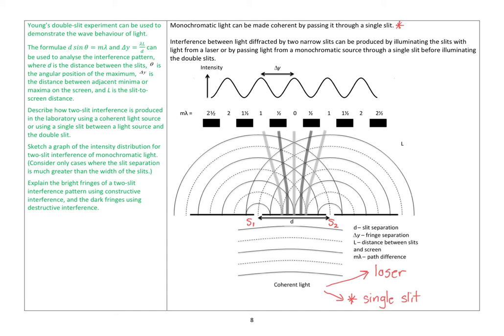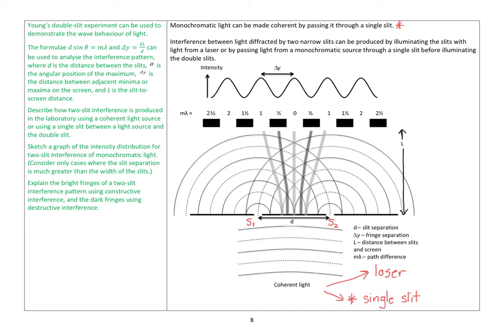In reality, there is an L here, which didn't come out on the diagram, which is the distance between the slits and the screen that we're shining it on up here.